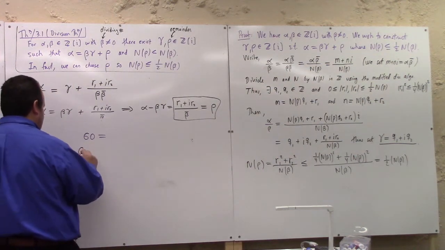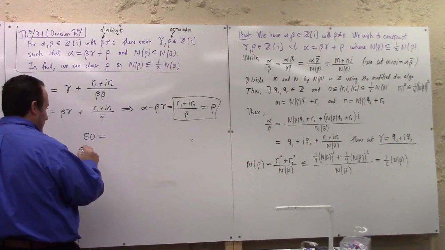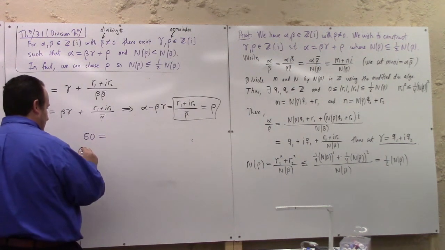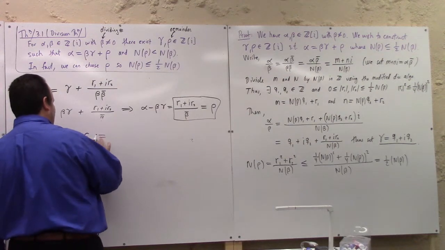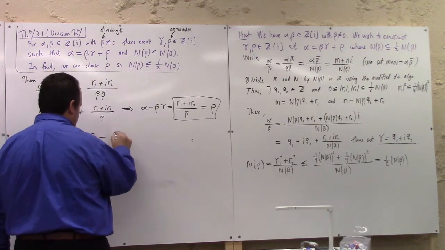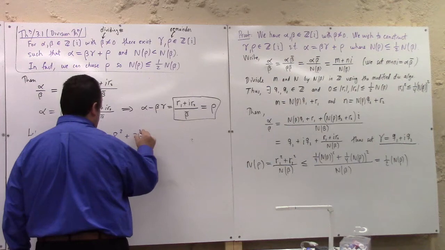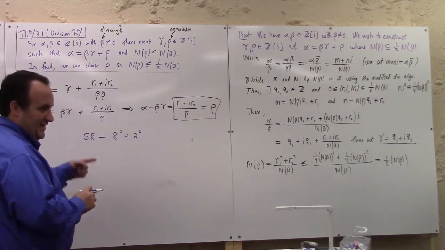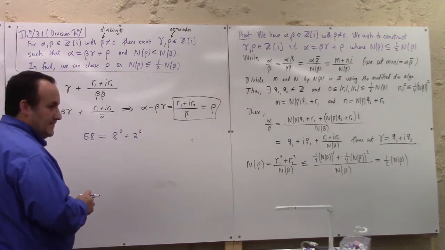Let's start with one that we know: 64 minus 4, or 8 squared minus 2 squared. So let's go with 68. It's 8 squared plus 2 squared, right? I said to get 60, it's the other way around. But I can't minus, I have to add. Oh, yeah, sum.